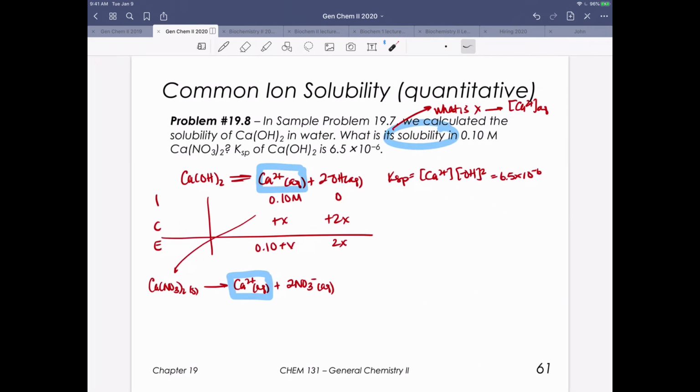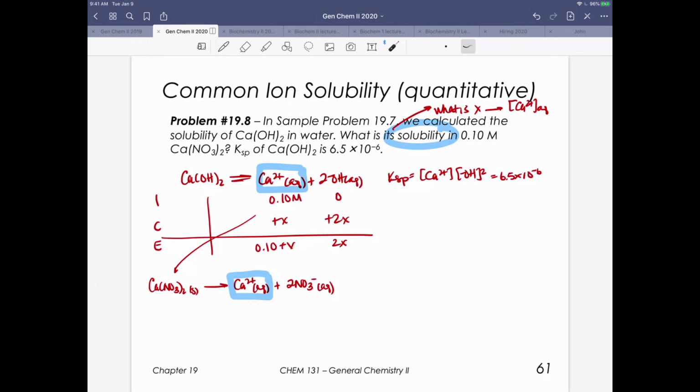So treat all these problems the same. Again, we're going to have an equilibrium here that allows calcium hydroxide to dissociate into calcium ions and then hydroxide ions. What is different now is we are already filling up our cup of calcium ions by adding calcium nitrate.